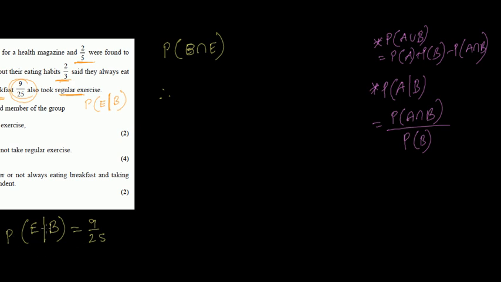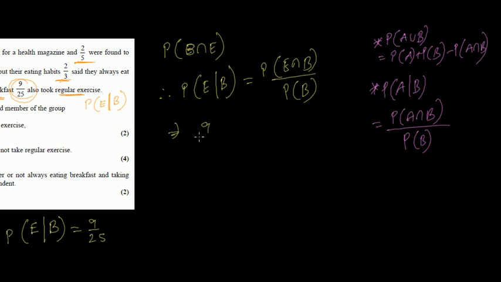Since in the information we know probability of E conditional on B, the formula is probability of E intersection B divided by probability of B. Probability of E intersection B and B intersection E is the same thing. Probability of E conditional B is 9/25.